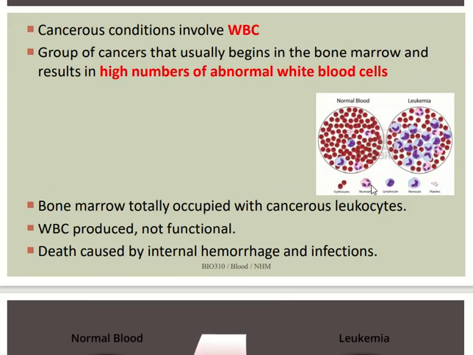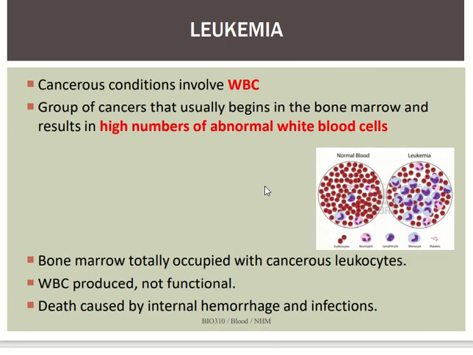Okay, so next is leukemia. Leukemia is a cancer disease that involves white blood cells, a group of cancers that begins in the bone marrow and produces a very high number of abnormal white blood cells.